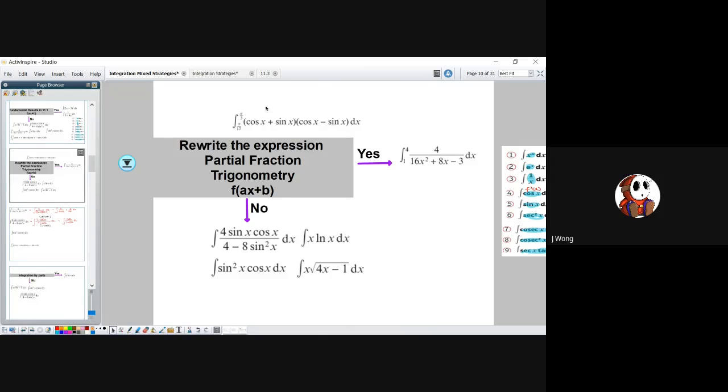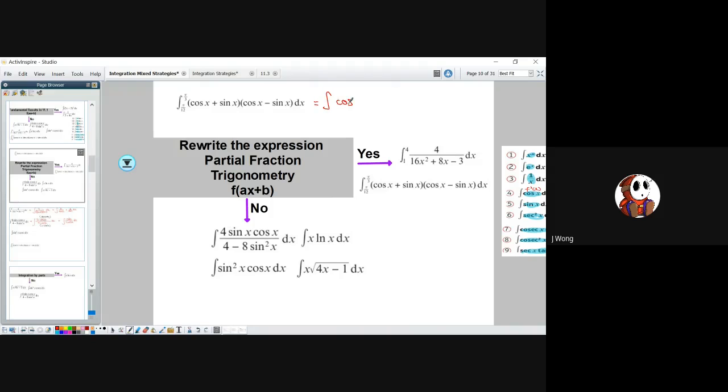For the last one, the integral of the product of cos x plus sin x and cos x minus sin x, you could integrate that after rewriting it slightly. You could firstly open up the brackets. It's just a difference of 2 squares.